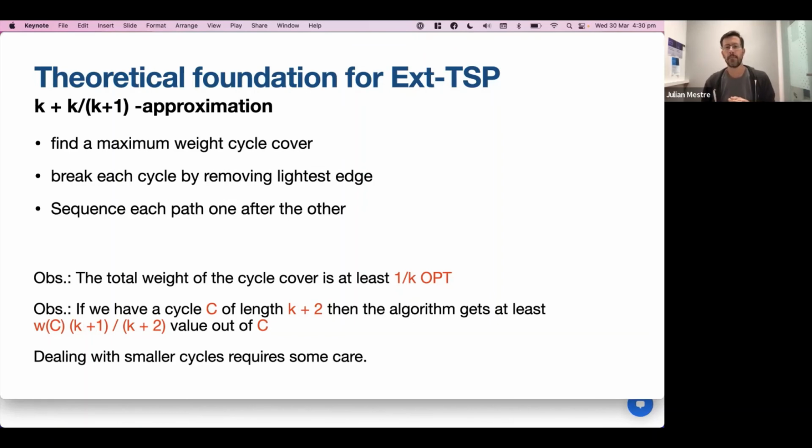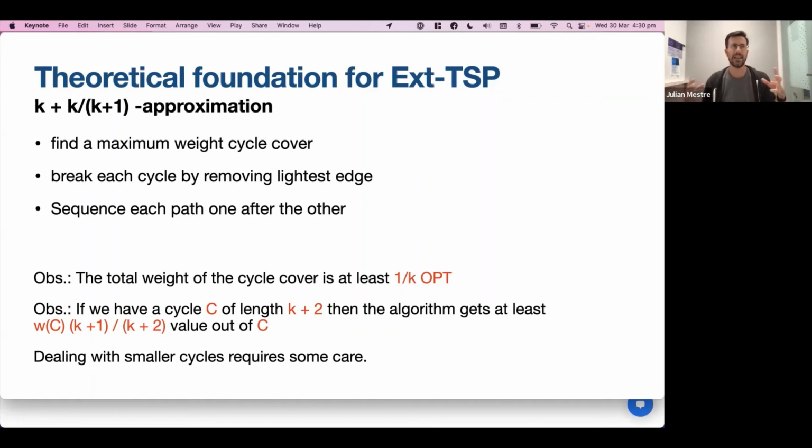And then if you have a cycle that is fairly long, more than K on 2, then losing one edge is not a big deal, right? You're still getting most of that cost. So you are losing this factor here and times this factor, so that's roughly K plus some constant. So that's the easy part of the analysis.